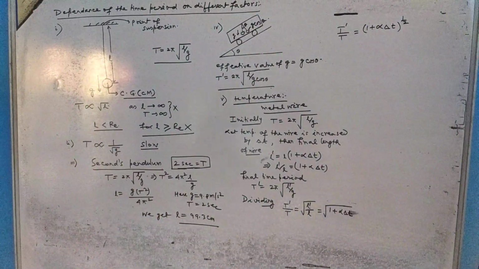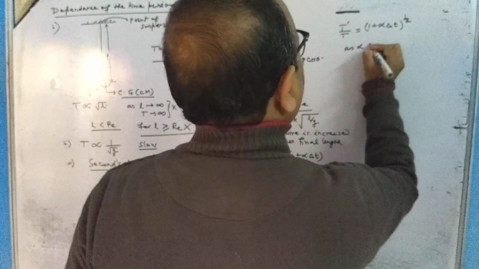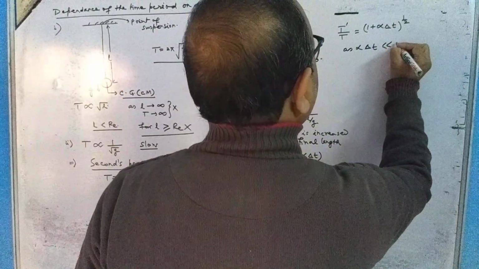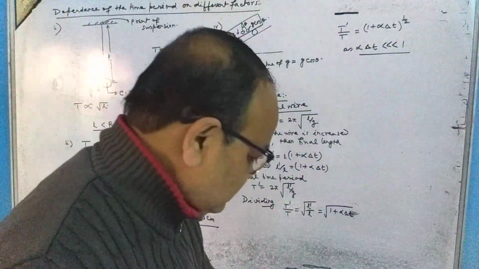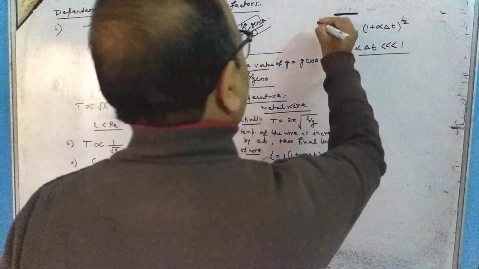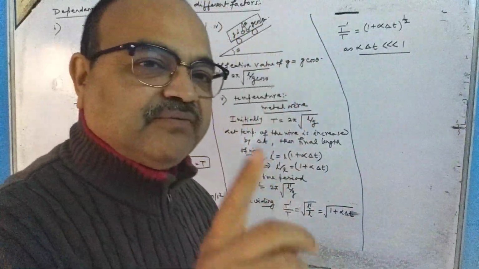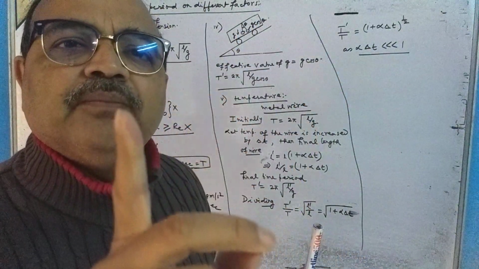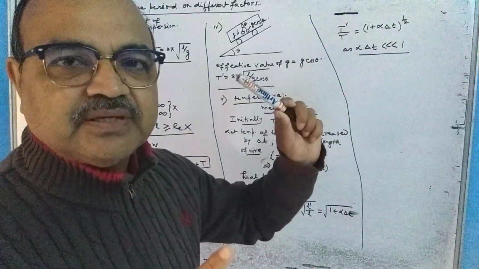Now, as alpha delta T is very, very small as compared to 1, why is it so small? Because the value of alpha is very, very small. It is called the coefficient of linear expansion.